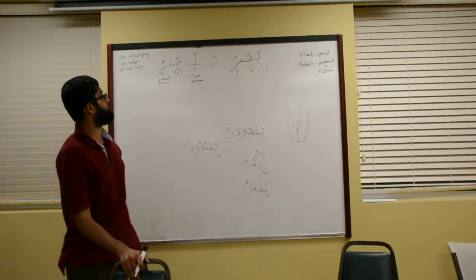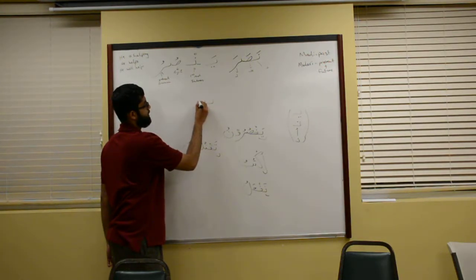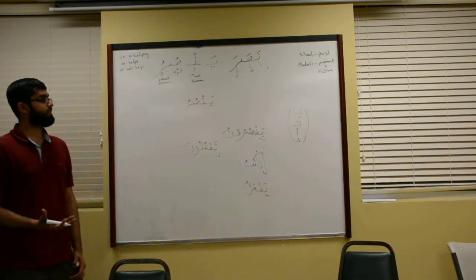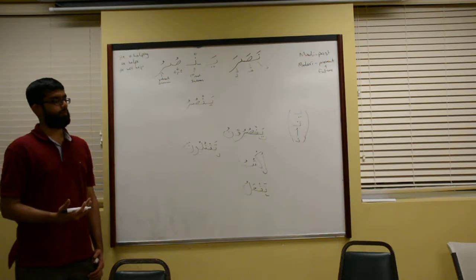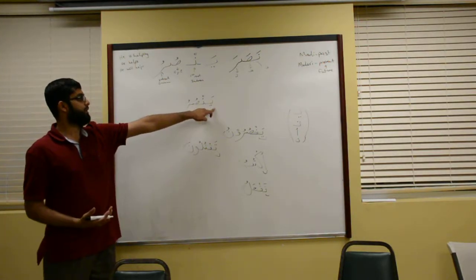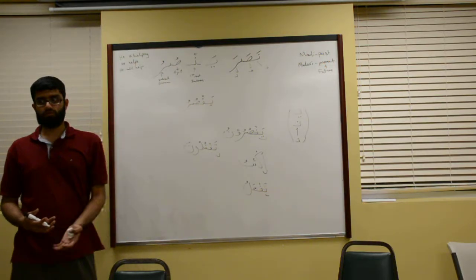So this is the basic form of the present tense. If I write yansuru, when you see something like this, the first thing that will tell you that it's mudari, present tense, is what? The ya. The second thing will be that the first radical will have a sukoon.